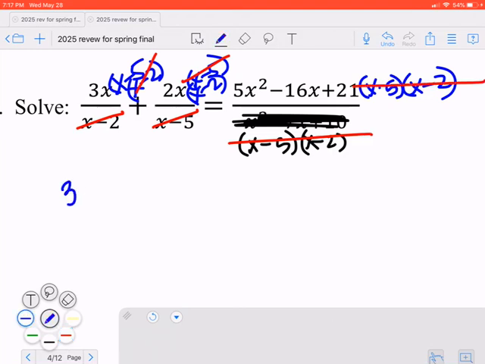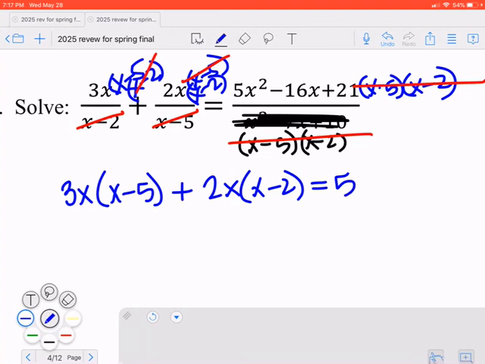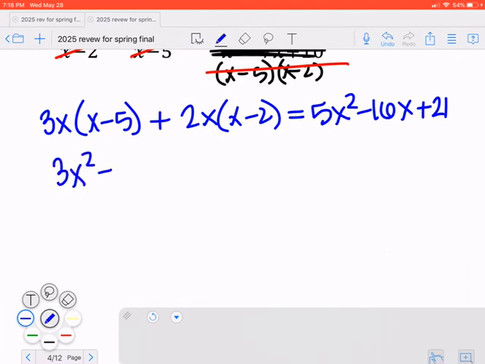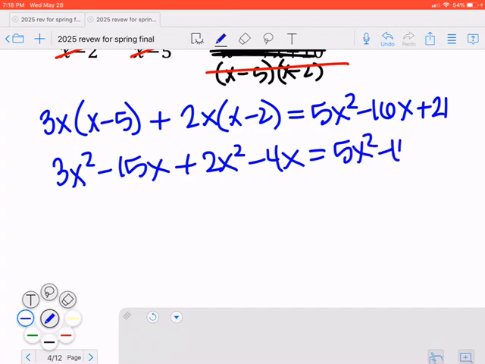So we have 3x times x minus 5 plus 2x times x minus 2 equals 5x squared minus 16x plus 21. All right, I'm going to distribute: 3x squared minus 15x plus 2x squared minus 4x equals 5x squared minus 16x plus 21.